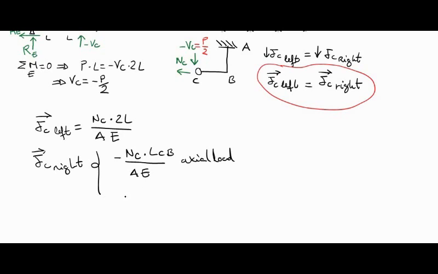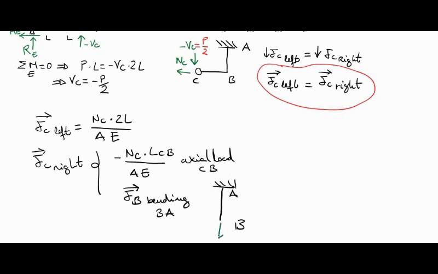And on the other side, I can calculate the effect of bending in AB that produces a deflection of C, through the deflection of B. So the deflection of B because of bending in the portion AB is going to be equal to the effect of the translated forces and moment.